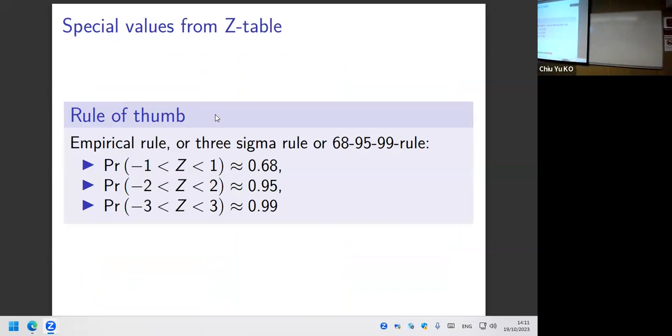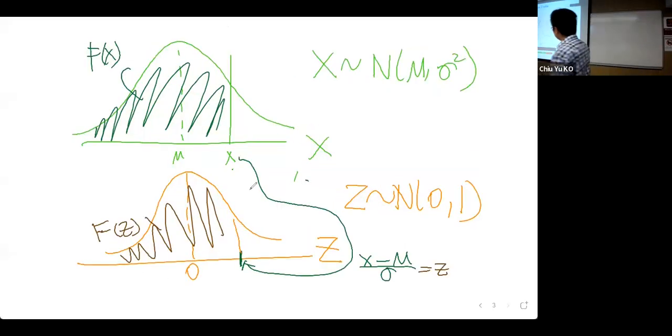From that table, what we learn is one very important rule of thumb, right? Just to go back to this, I guess it's good to mention right now what's different between x and z. X is looking at the exact value in the bell curve, right?